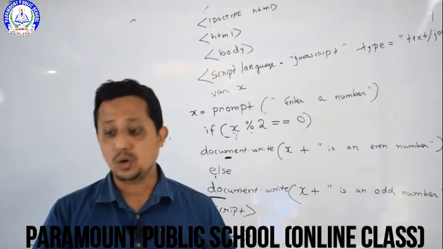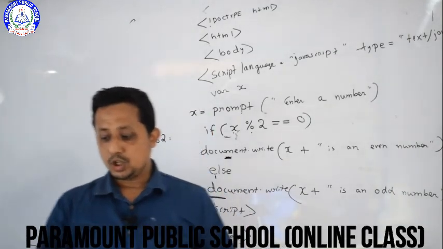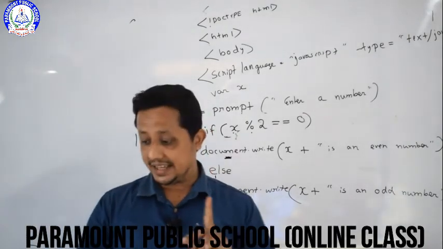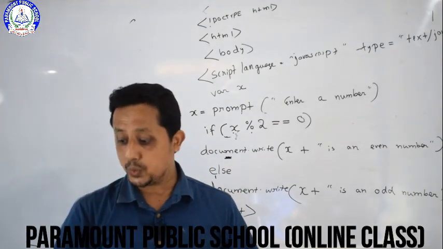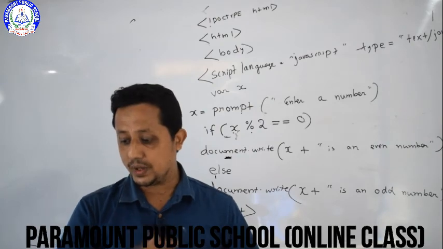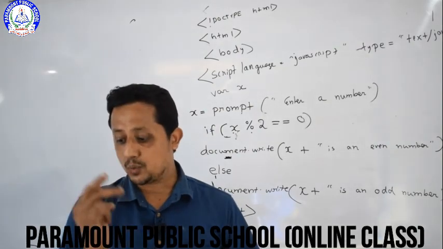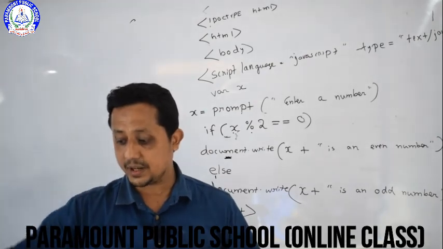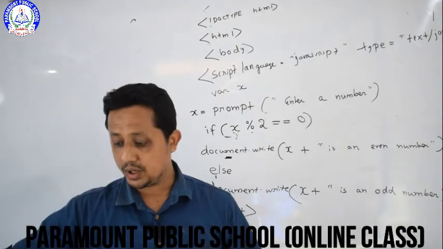So these are the 2 limitations of the switch statement. You can also see an example on page number 124 using the switch statement. Switch number, case 1: if the input is 1, it will show the output as Sunday. If you enter 7, it will show Saturday.